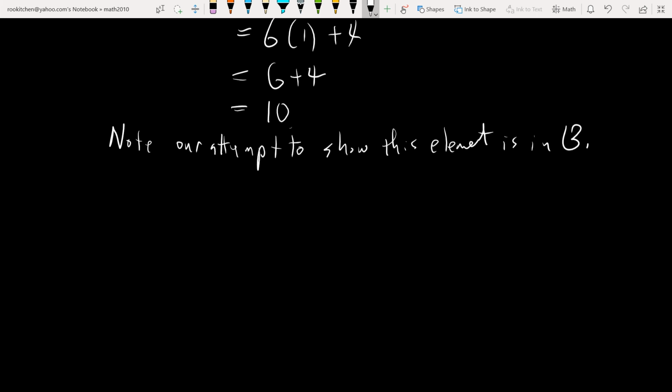We would have that 10 is equal to 18b minus 2, where b is some integer. So we should be able to solve for b in this equation and get that number.